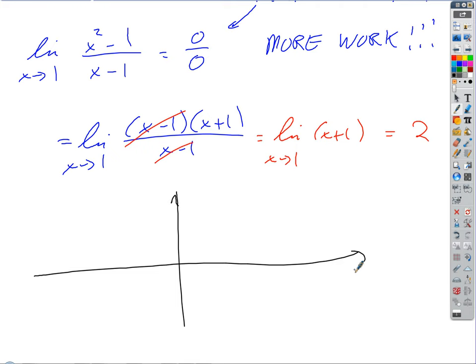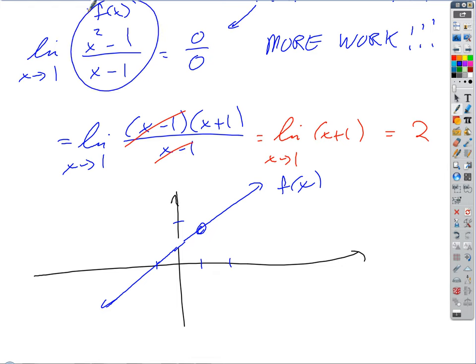Okay, if I were to graph this, it is a line with a hole, a hole at 1. So there's my hole, right? Okay, that's f of x.